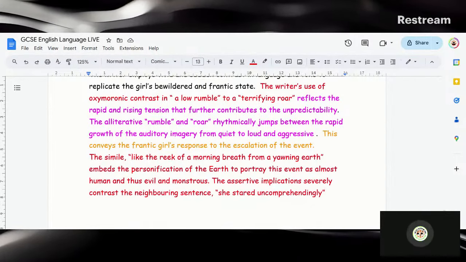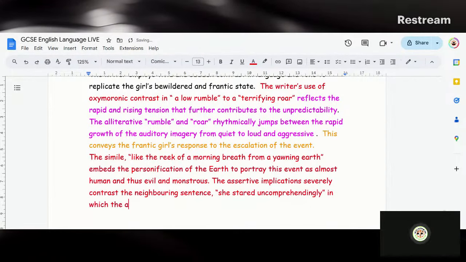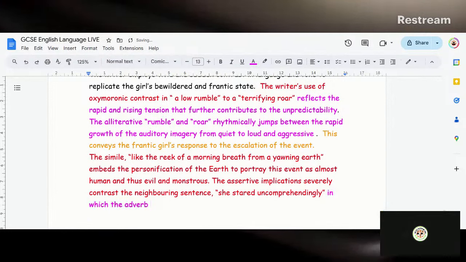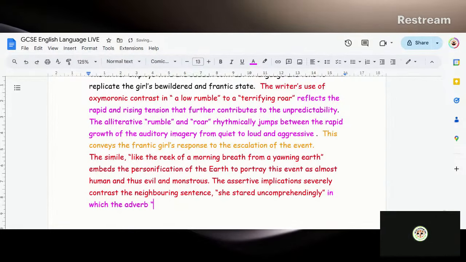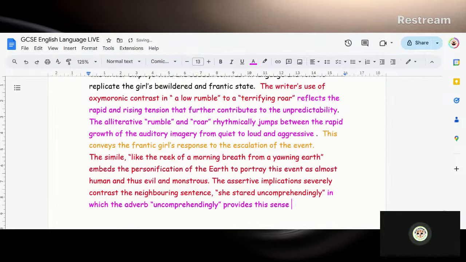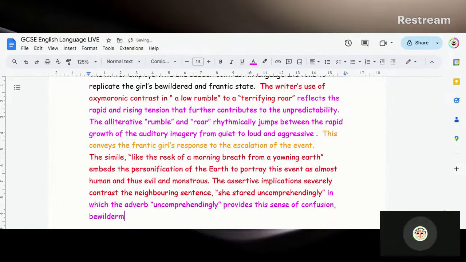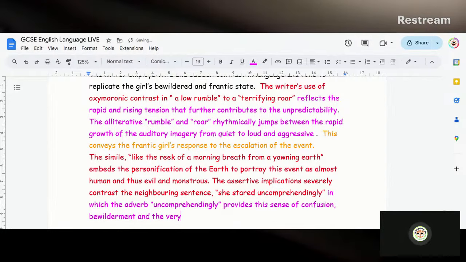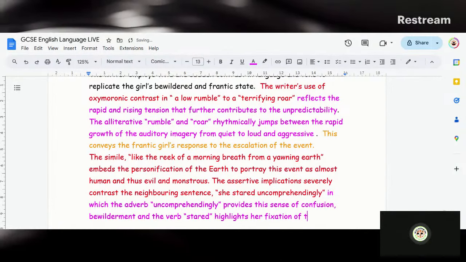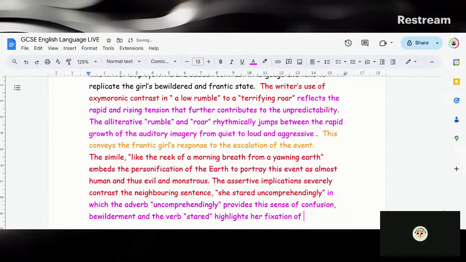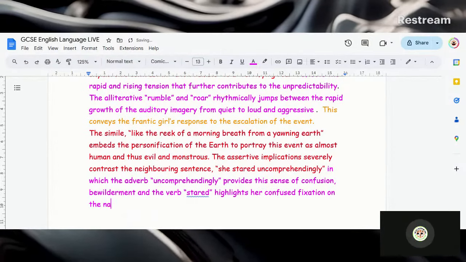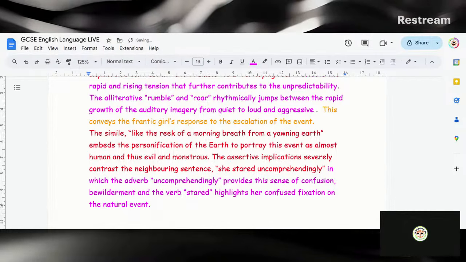She stared uncomprehendingly, in which the adverb, here we're doing zoom, in which the adverb uncomprehendingly provides this sense of confusion, bewilderment, and the verb stared highlights her confused fixation on the phenomena, on the natural event. Okay?